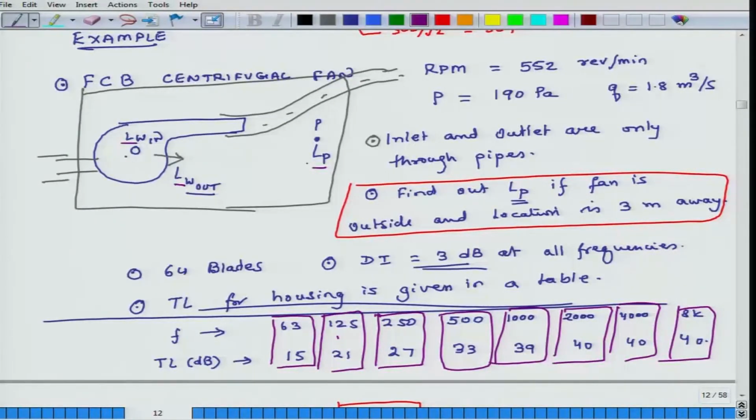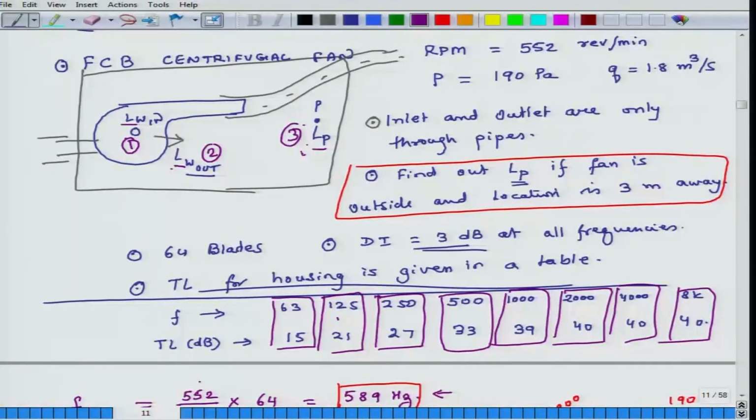Our path is from here to here to here. Okay. This is step 1, this is step 2, this is step 3. This is our final goal, because what does the question say? Find out LP. First we have to compute LW in, then I have to compute LW out, then I have to compute LP. Okay. So, now you know how to compute LW in. Now we will do LW out.